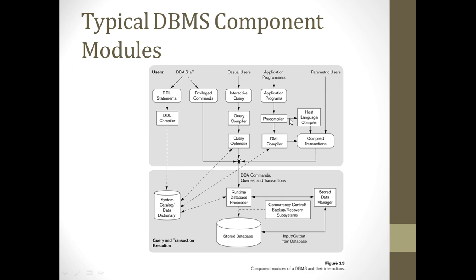The pre-compiler might also send the data to the host language compiler that will send the compiled transactions to the DB processor. The parametric users, they run the compiled transactions, pass through the processor, and the changes are then done at the database side.